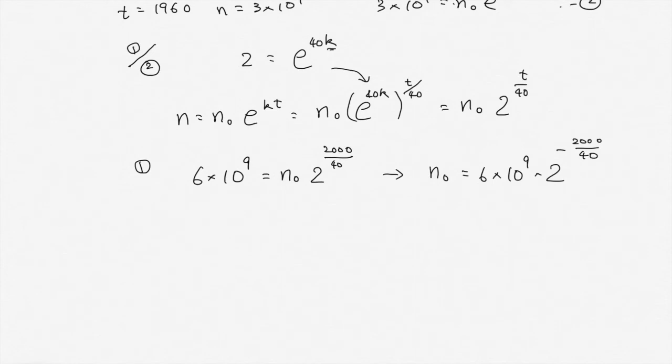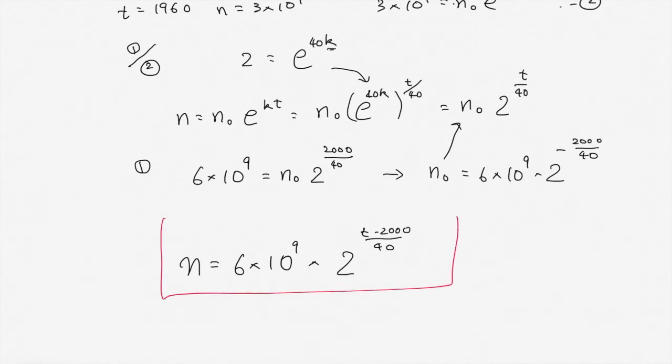Then we can substitute here. Then n is 6 times 10 to the 9 times 2 to the t minus 2000 over 40. So this is a general expression to find the world population in the future.